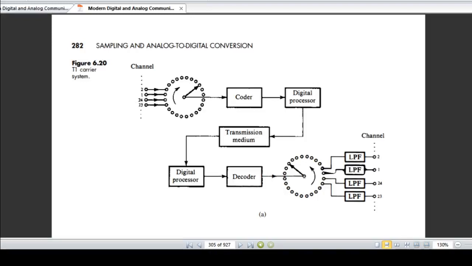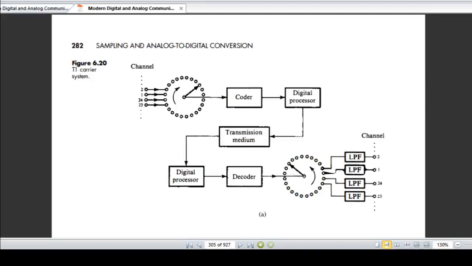Now there are various terms related to this T1 carrier system. This carrier system was used in America, and in Europe there is another system called the DS system, but in our syllabus we have only the T system, and this particular system is called the T1 carrier system, while in Europe and the rest of the world the system used is called DS1, digital signaling level 1 or level 2.